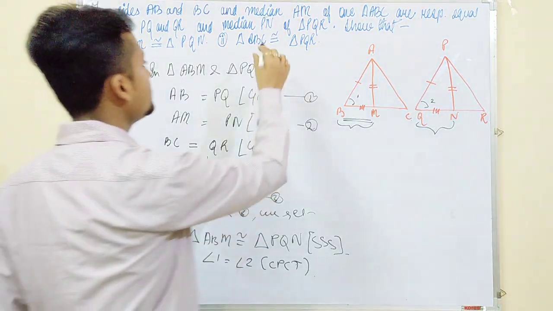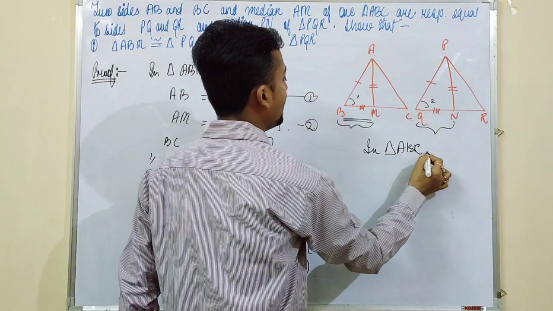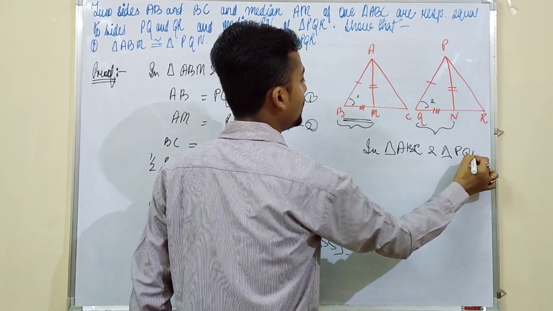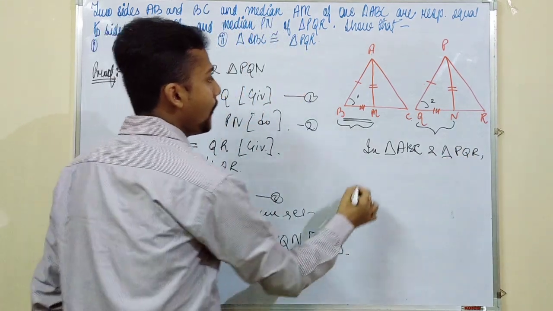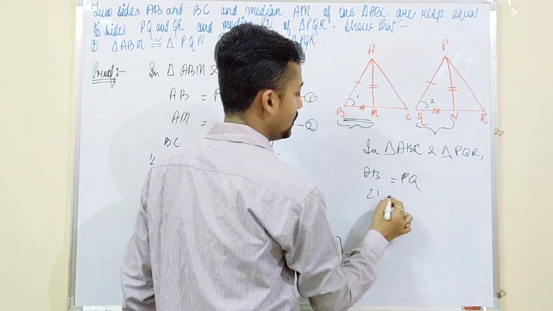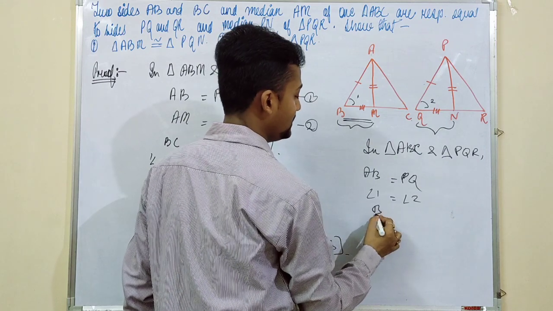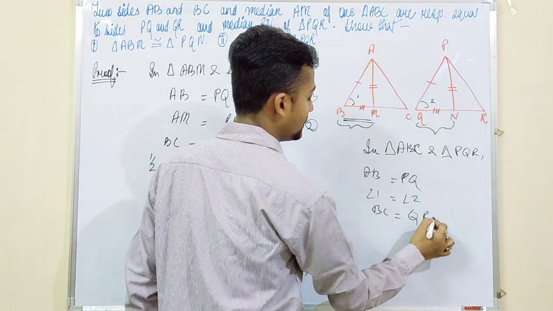Now we will compare these two triangles. In triangle ABC and triangle PQR, AB is equal to PQ given, angle 1 is equal to angle 2 we have got, and BC is equal to QR given.